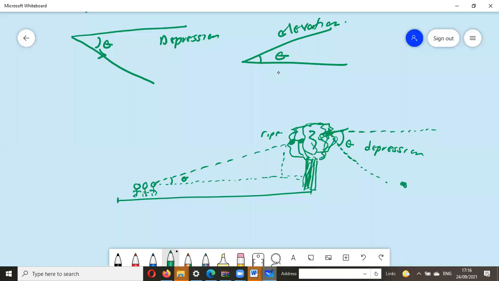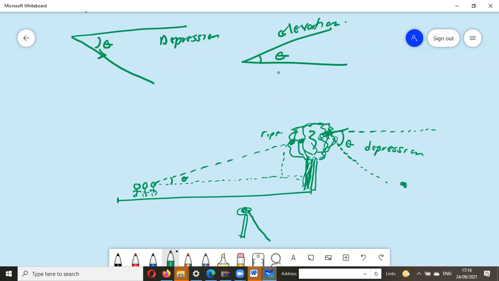To now get the height, this part of the depression, how do you get it? Okay. Now remember, suppose this is the tree. So this is your tree. Someone is here also. That means if he's looking down, he will look down to that level.